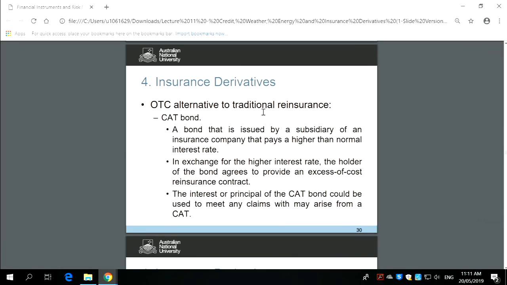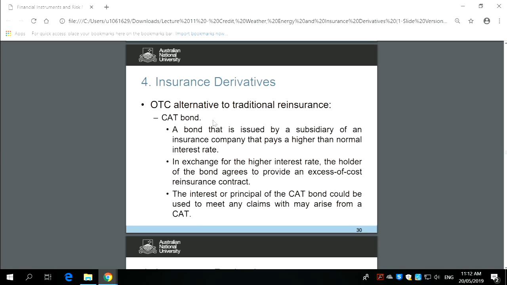Now, the alternative way reinsurance can work is for the insurance company to issue a catastrophe bond, or cat bond for short. The insurance company can issue this cat bond, and it works just like your normal ordinary bond. The difference is that this cat bond pays higher than normal interest to the bondholder.